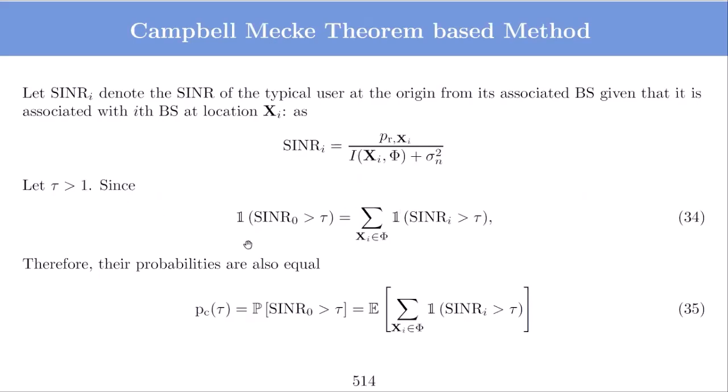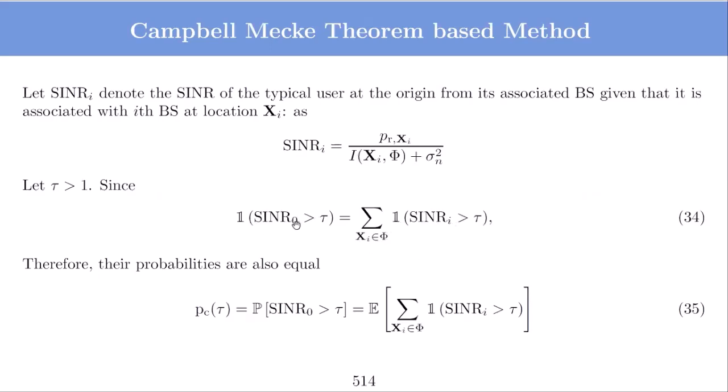If tau is more than 1, then you can show that the indicator that the maximum SINR is more than tau is the same as if I go to each base station and check whether their SINR is more than tau and sum them over, right? Since only one of the SINRs can be more than tau, this will be 1 if any one of them is more than tau, right?